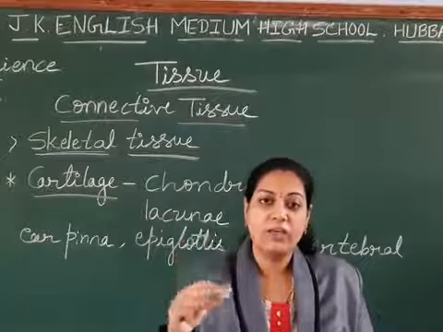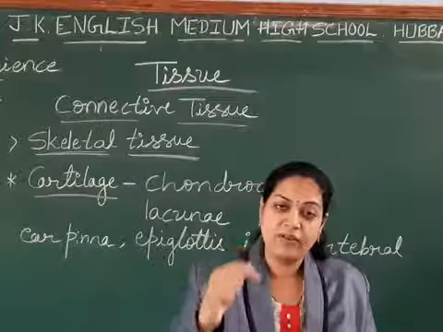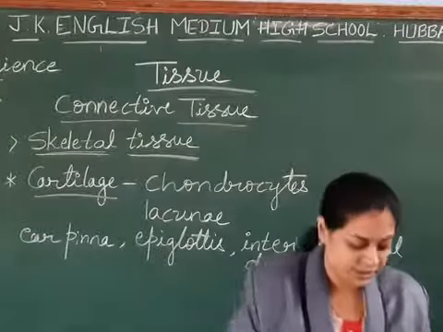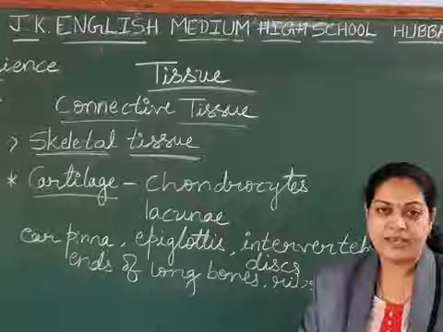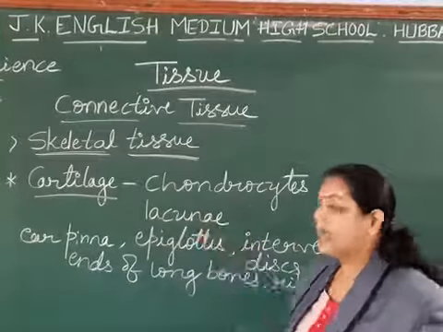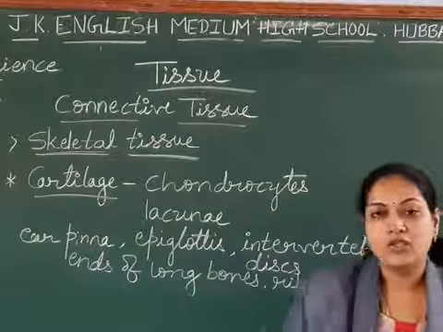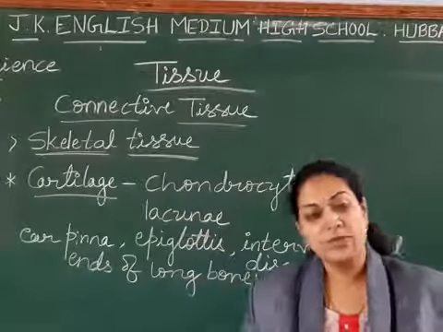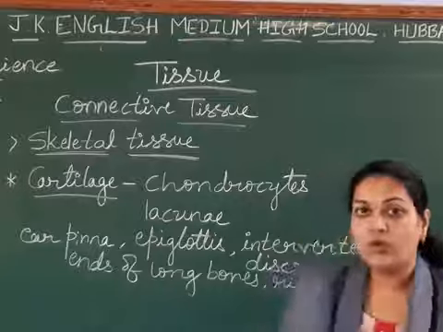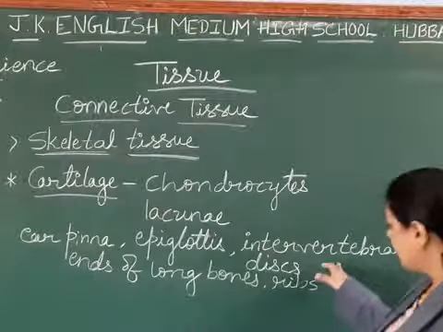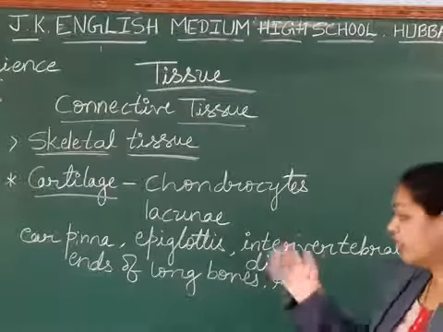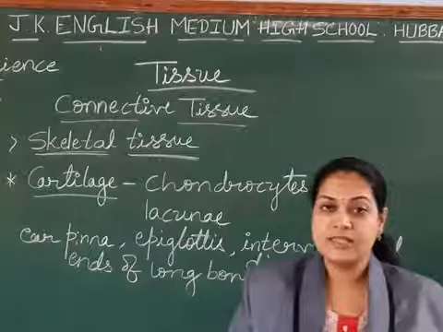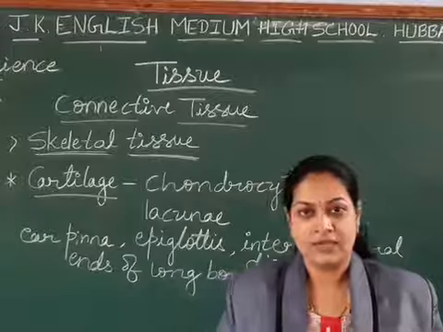In between the vertebral column, the discs are there. In between those discs, we find the smooth one, that is called the cartilage. And we get the space, that is called the lacunae. In different parts of the body, we find the presence of cartilage. It may be the ear pinna, the tip of our nose, in between the vertebral column discs, the end of the long bones, ribs and trachea. In all these parts we find the cartilage.